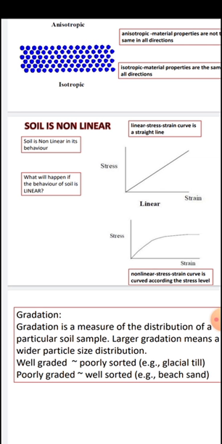So the deformation is exactly in the same proportion as we have stress. From the geotechnical point of view and the stability point of view of any soil or structure, this linear behavior is not recommended and not acceptable for stability, because it means that soil is not competent enough to bear any load.